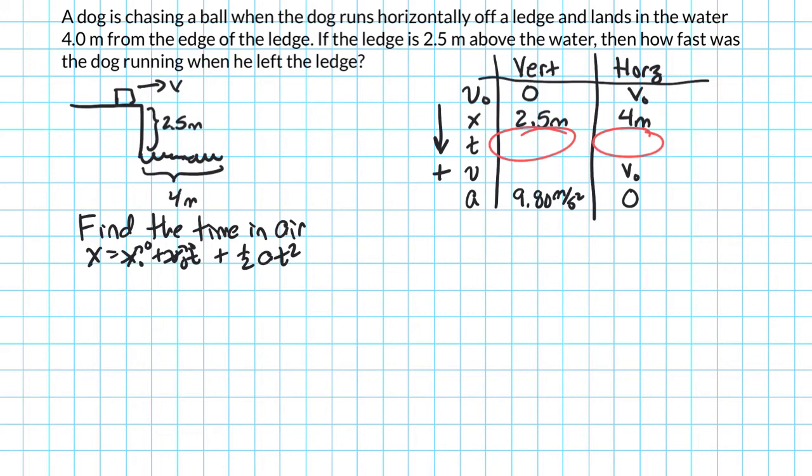And that leaves x equals 1/2 a t squared. Isolate t, I'll multiply both sides by 2, divide by a and square root. So t equals the square root of 2x over a.